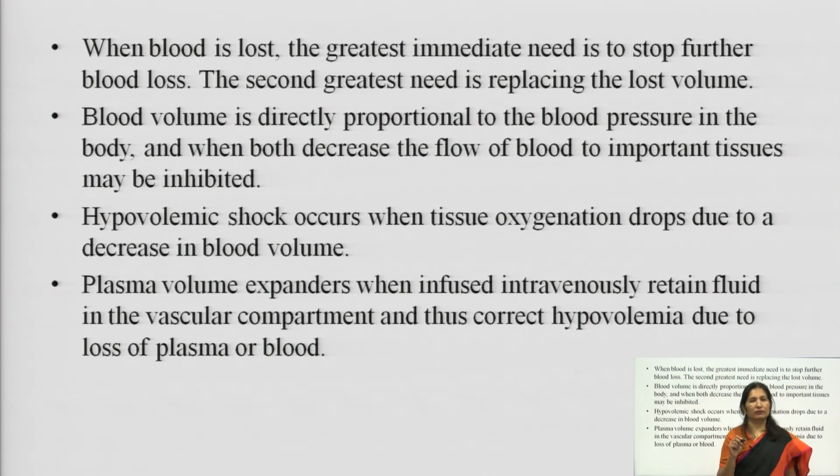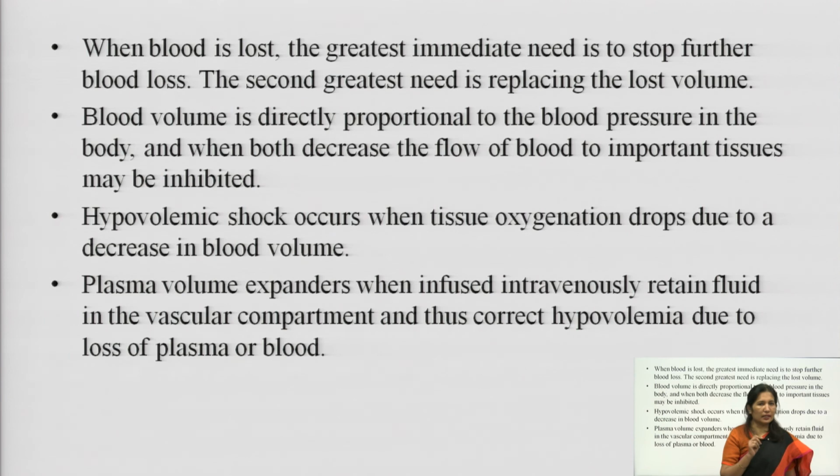When there is a decrease in blood volume and a decrease in blood pressure, then flow of the blood to important tissue may be inhibited, and that would result in reduced oxygen supply to the tissues. So, hypovolemic shock will occur when tissue oxygenation drops due to decrease in blood volume.